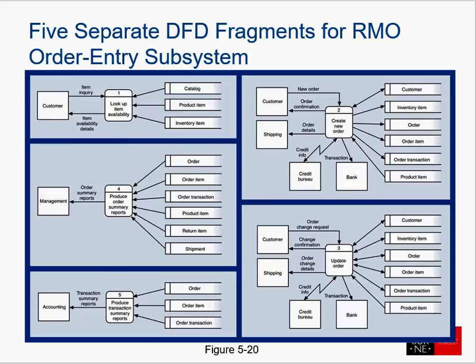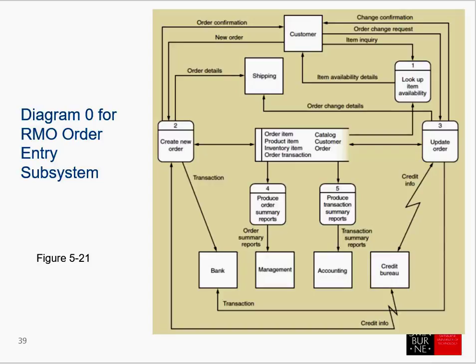Right, so based on these fragments, the business analyst has created this event partition system model, diagram 0. So we need to combine the 5 fragments together. So this is what they have come up with.